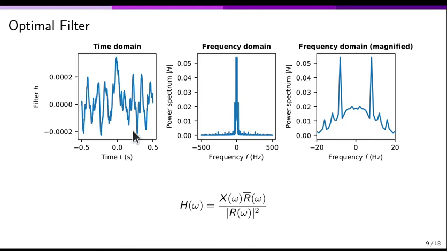It seems like we should be able to put in some extra constraints on this. We should be able to say, hey, look, let's not allow our filter to be infinitely wide.